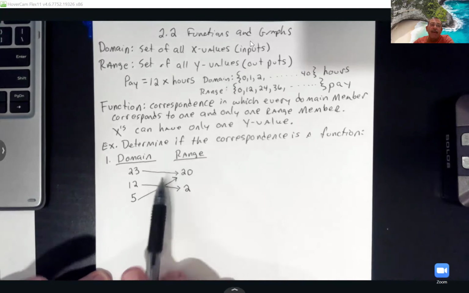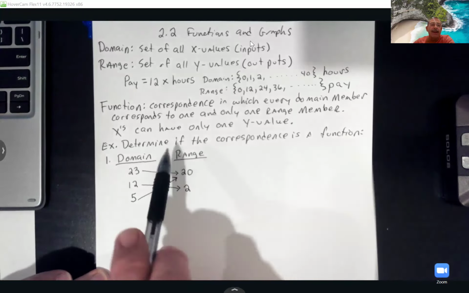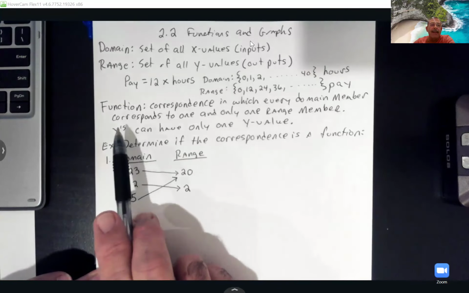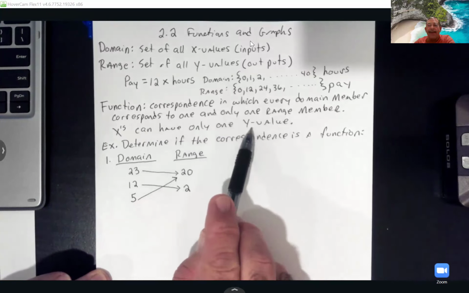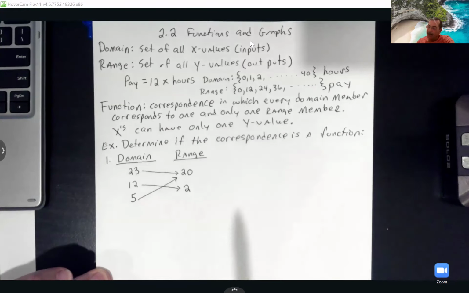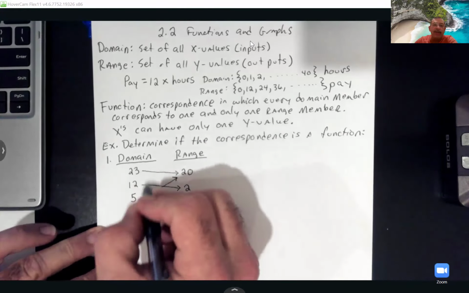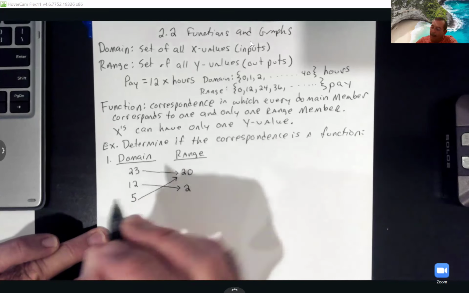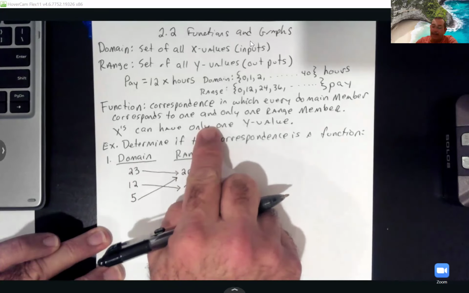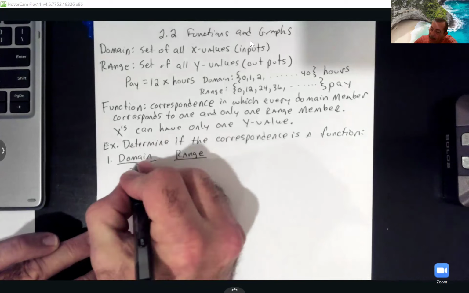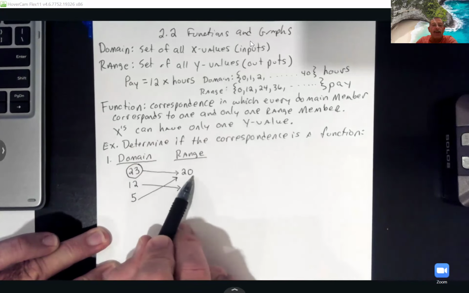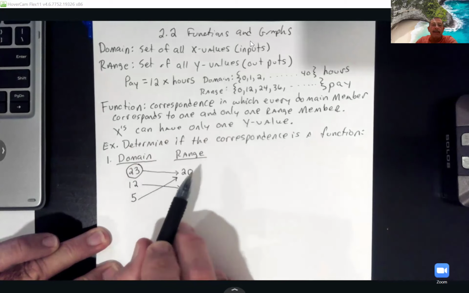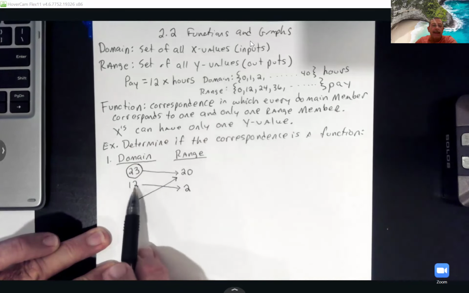So remember, for this to be a function, the x's or the domain can have only one y value or range. So y'all, let me go through it. I always focus on the domain stuff because that's what we're worried about on this. So the first domain, 23. We see 23 only points to one number, 20. So that's good. The 12.